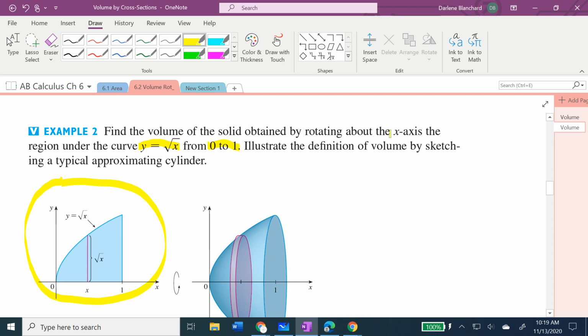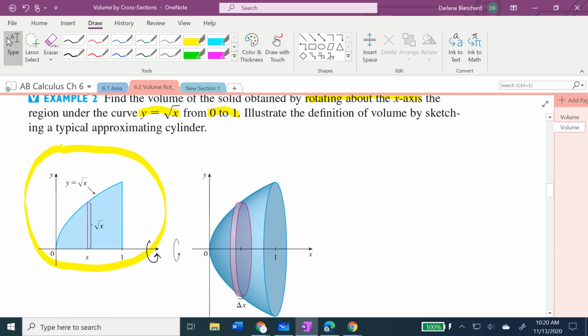You've got your region and then your axis of rotation. So what I do is I draw my xy plane, I draw the region, I identify the axis of rotation, and then one of the first things that I need to do is figure out whether I'm dealing with a dx or a dy situation, because you're in one or the other all the time.